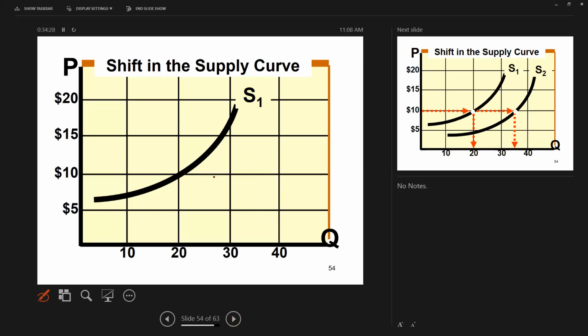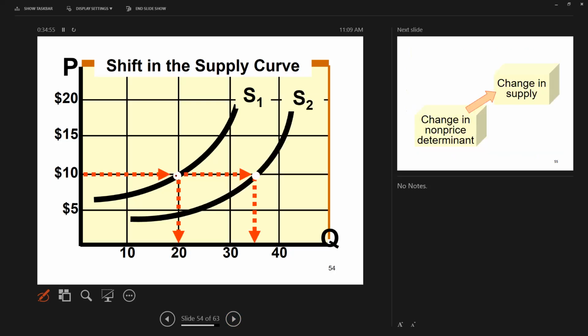And in this case, we're going to say that a new technology comes on the market that improves the making of CDs. We get an increase in technology. That would make it cheaper to produce CDs.